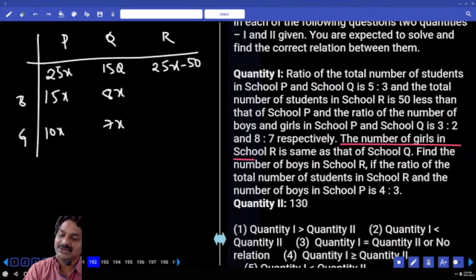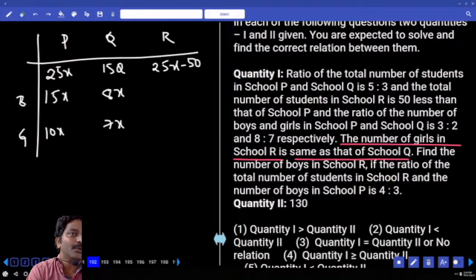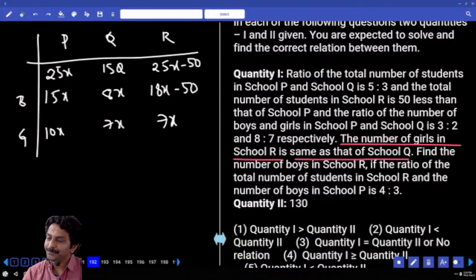The number of girls in school R is the same as that of Q. In Q, how many girls are there? Then in R also we will have 7x. Now how many boys will be there in R? Difference between both the numbers, 18x minus 50. Correct?